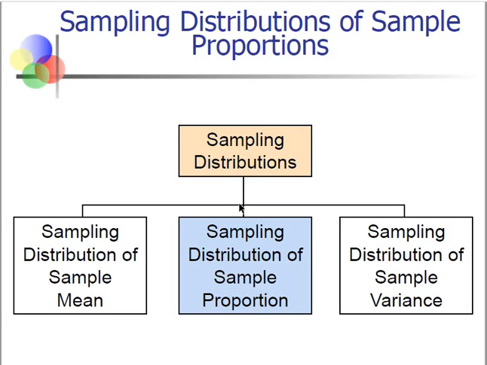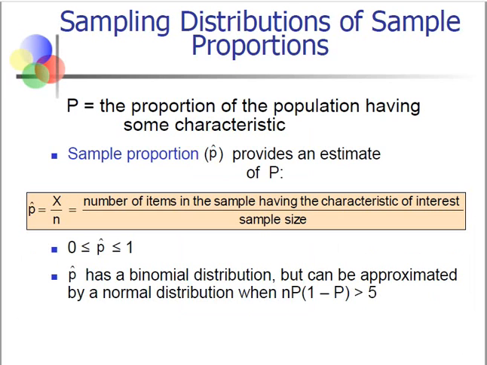So we now move to the sampling distribution of a sample proportion. How can we estimate a population proportion using a sample proportion? A proportion is just the portion of a population having the same characteristic.